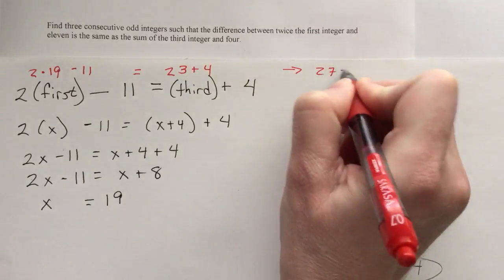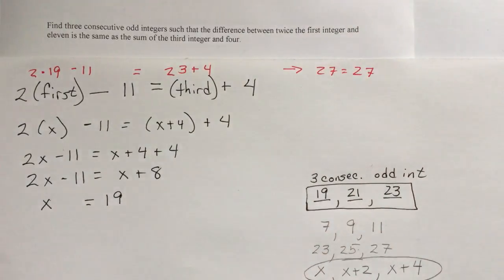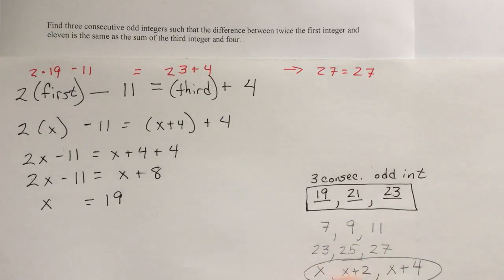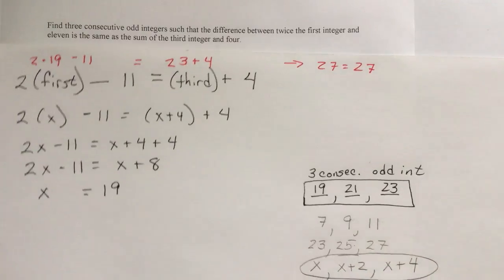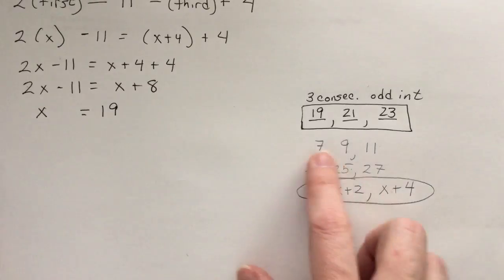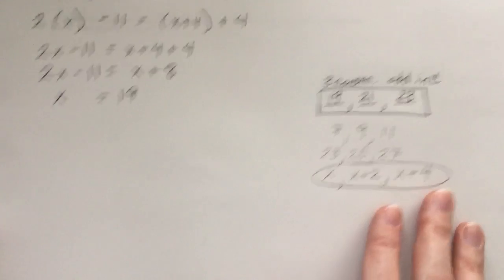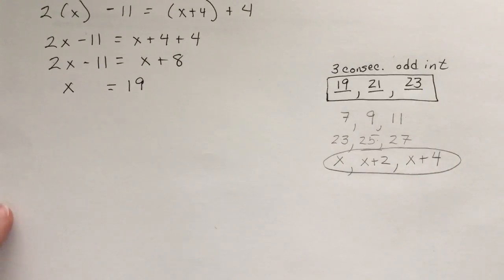So we're saying 27 is 27, a true statement, so we feel really good about these consecutive integers. Now, in dealing with consecutive integers, you don't want to have to memorize the x plus 2, x plus 4, but coming up with an example initially is going to be what works best.